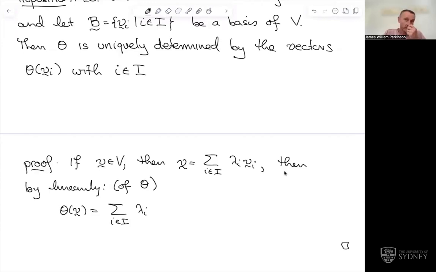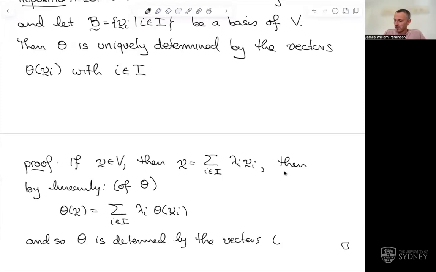The definition of a linear transformation told me I could break up a sum of two things, but of course I can break up a sum of lots of things, just by induction. And so theta is indeed determined by the vectors theta of v_i. In other words, if you've told me what theta does to all of the basis vectors, I can reconstruct what it does to every element of V using this formula on the second last line here.